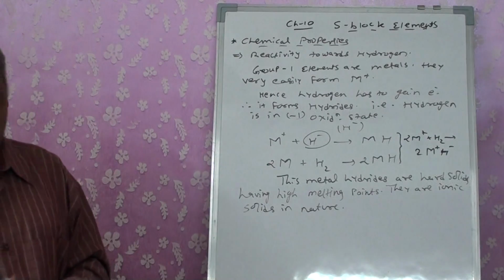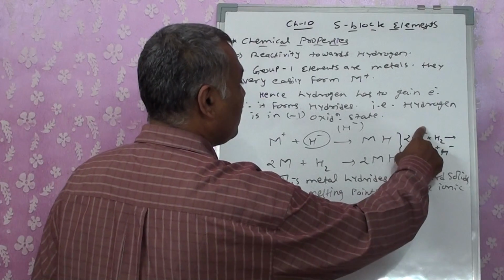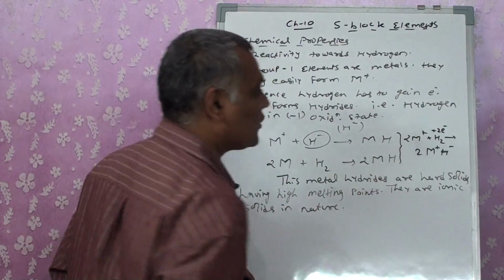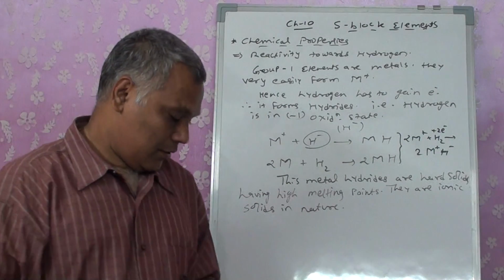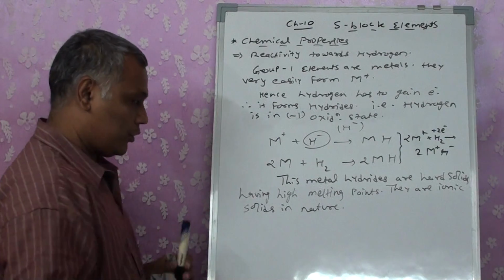They are going to gain electrons. To write a balanced reaction, we indicate 2 electrons as well. Okay, so that is the reaction with hydrogen.